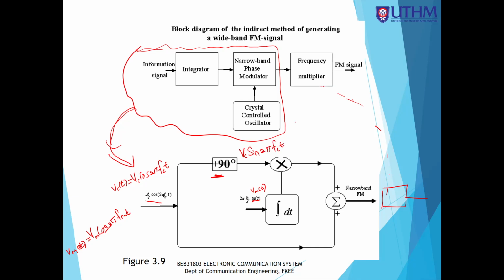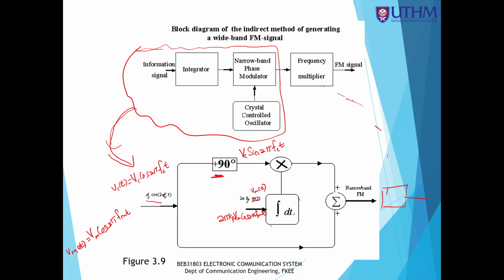And then what? For the input here to the integrator, remember that first we need to do the integration process. The input here is 2 pi kf Vm cos 2 pi Fmt. If we do the integration of cos, we're going to get sine.